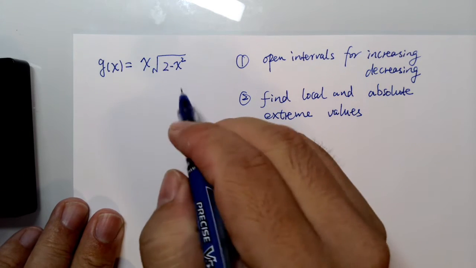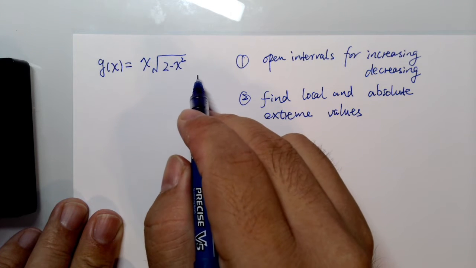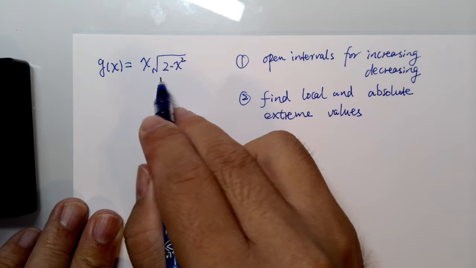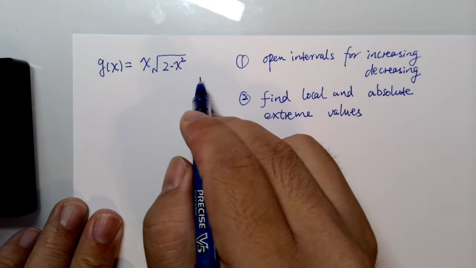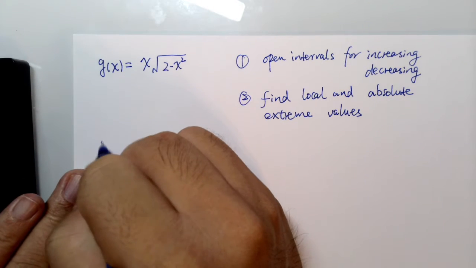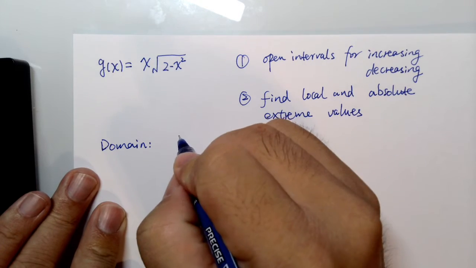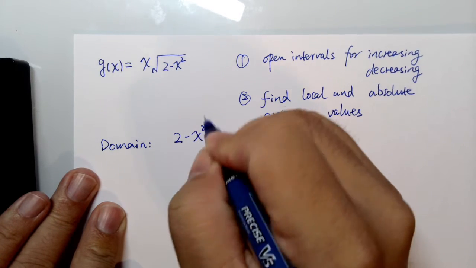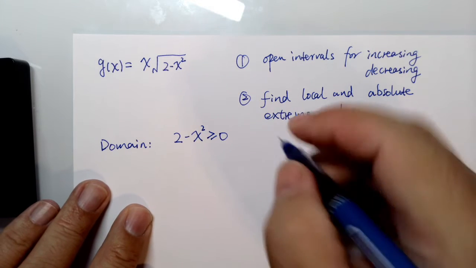Instead, as you can see, it has the square root of 2 minus x squared. So based on the property of a square root, you do need to make sure that, for the domain of the function, 2 minus x squared is greater than or equal to 0.